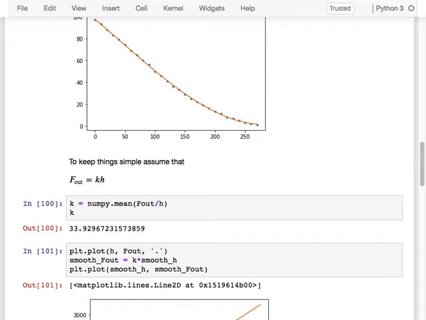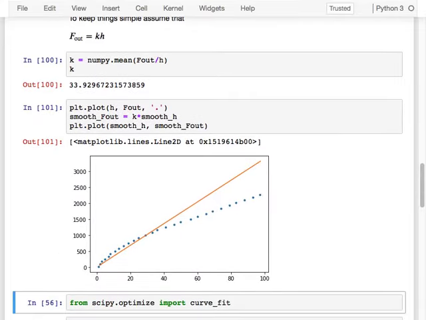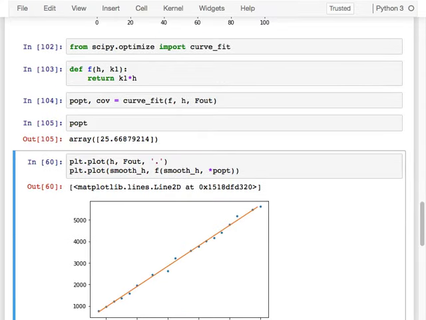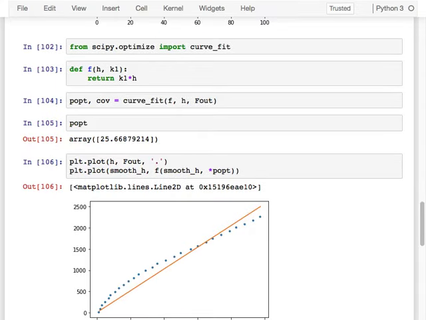So when we plot this, we see the line that we're fitting seems quite far away from those dots. Now we can do a little bit better by actually fitting a curve using SciPy curve_fit. You can see here, I've defined a function to fit to this data.